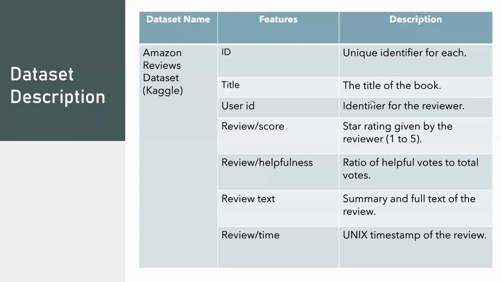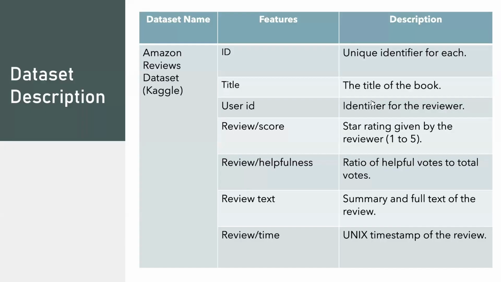So our dataset originates from the Amazon Reviews dataset, which we collected from Kaggle, and it has quite a number of features comprising things like ID, title, user ID, reviews, and the different scores, of which this majorly is the star rating given by the reviewer.